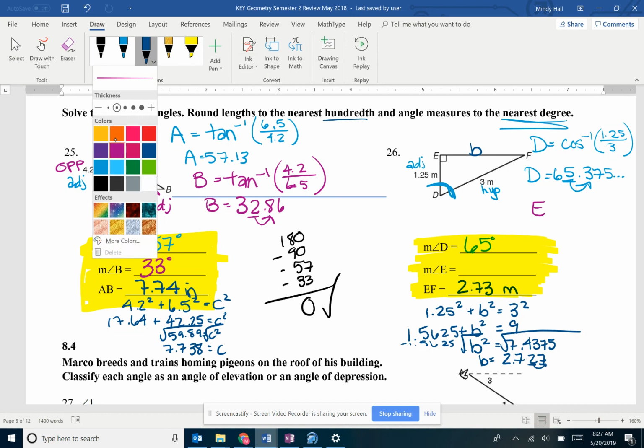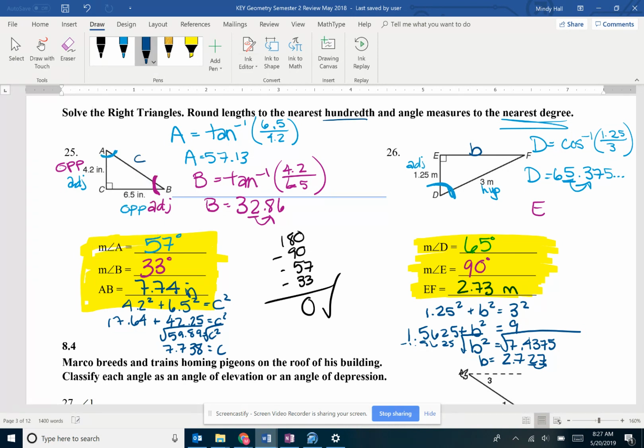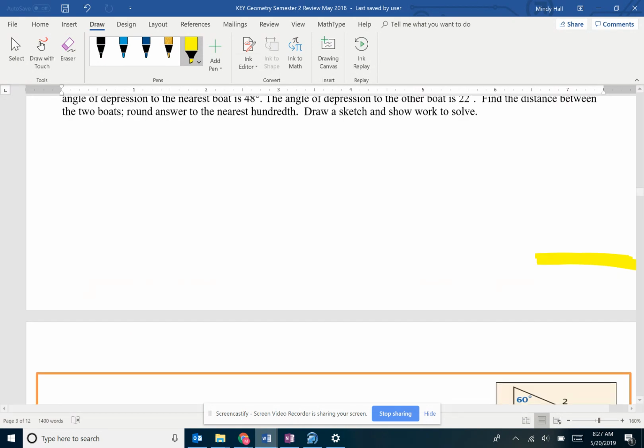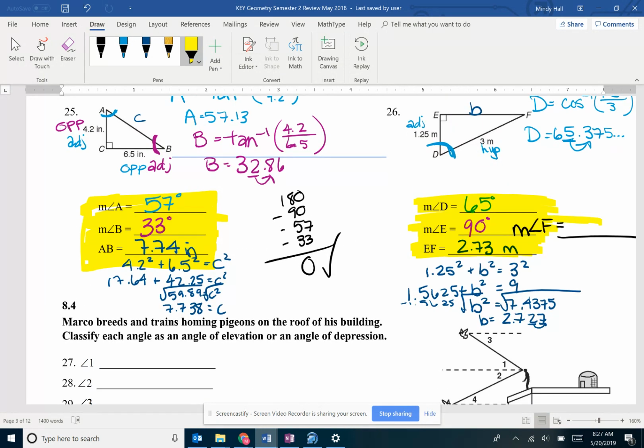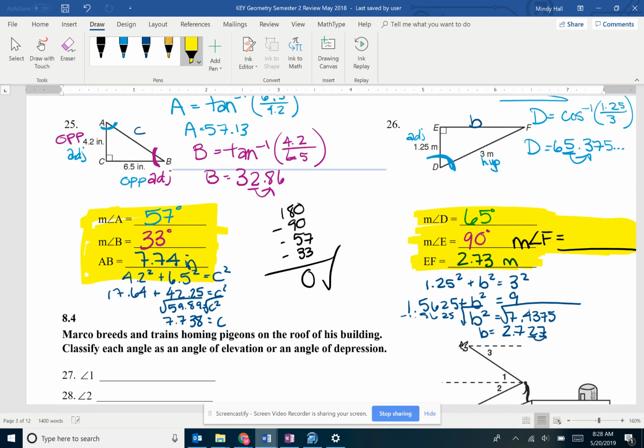So angle E, for the sake of being correct, is 90 degrees, but the measure of angle F is what we really want to know. Oopsie. We're not perfect yet. It didn't like that. So I'm adding this measure of angle F because that's really the one we want.